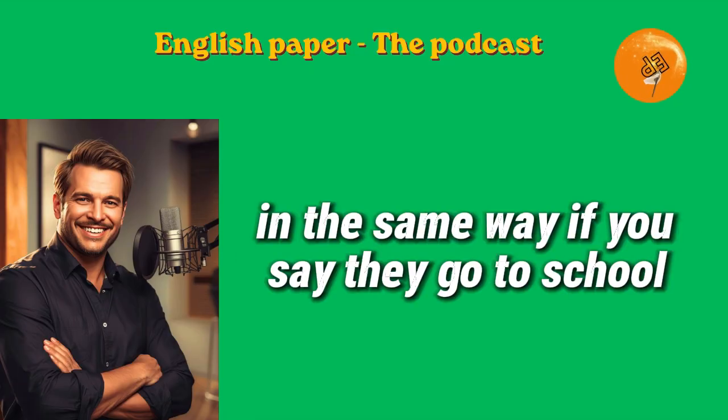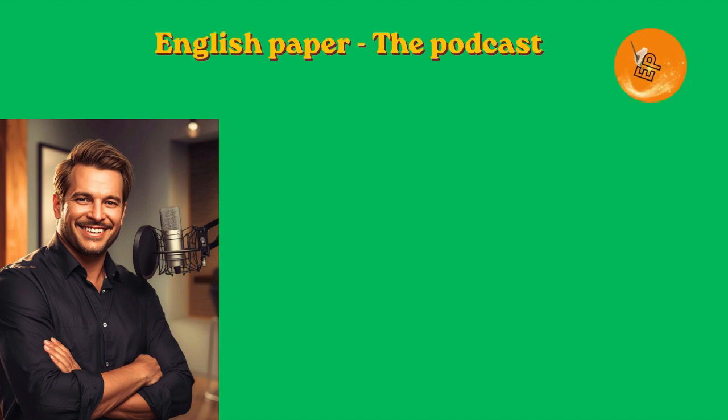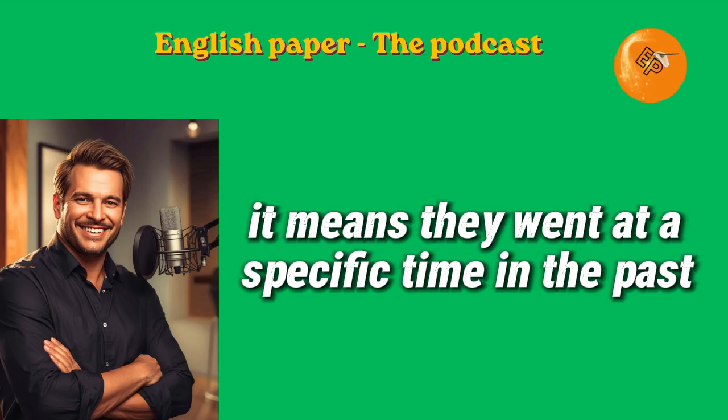In the same way, if you say, they go to school, it means they go regularly. But if you say, they went to school, it means they went at a specific time in the past.